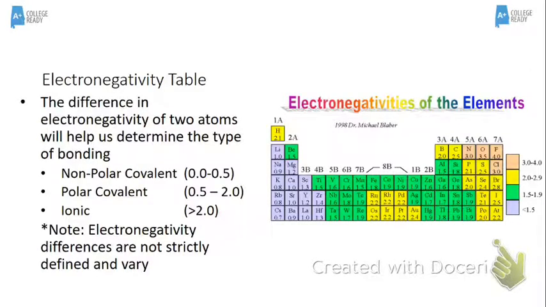With our covalent bonds, we have two particular types. We have nonpolar covalent and polar covalent bonds, and you can see the electronegativity differences between those. So our electronegativity, just in case you've forgotten, is the propensity of an atom to attract a bonding pair of electrons.